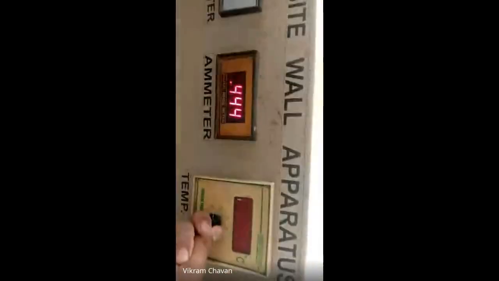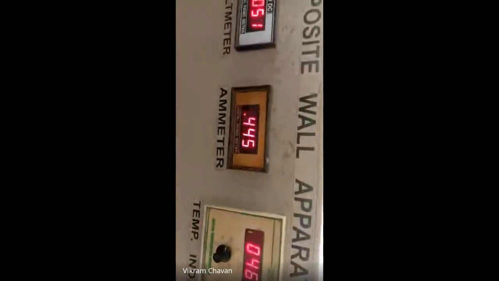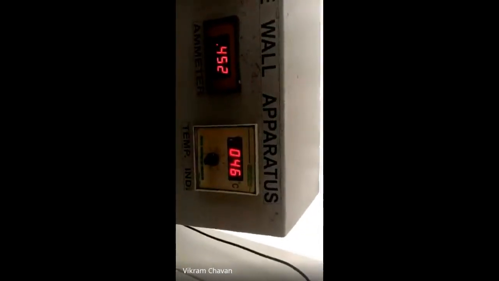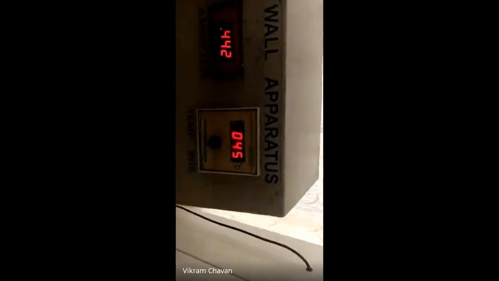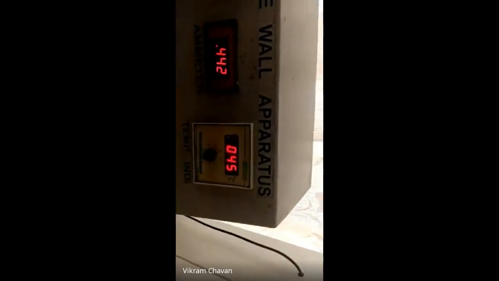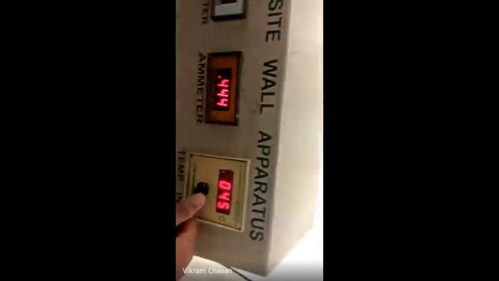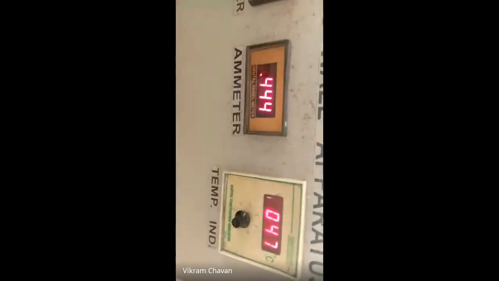Then you move this knob to the third. T3 and T4 are positioned equidistant from the heater.